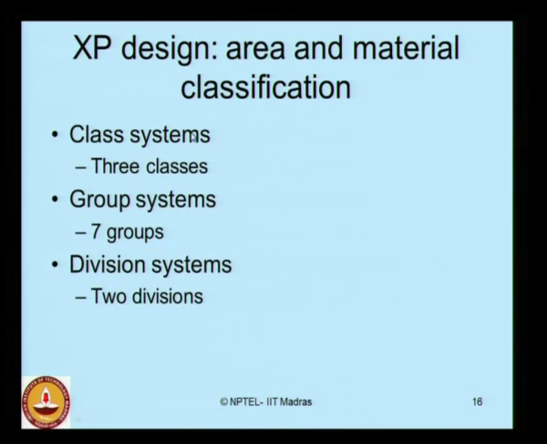The class system further has three classifications within itself. The group system has 7 groups within itself, and the division system has 2 divisions within itself.